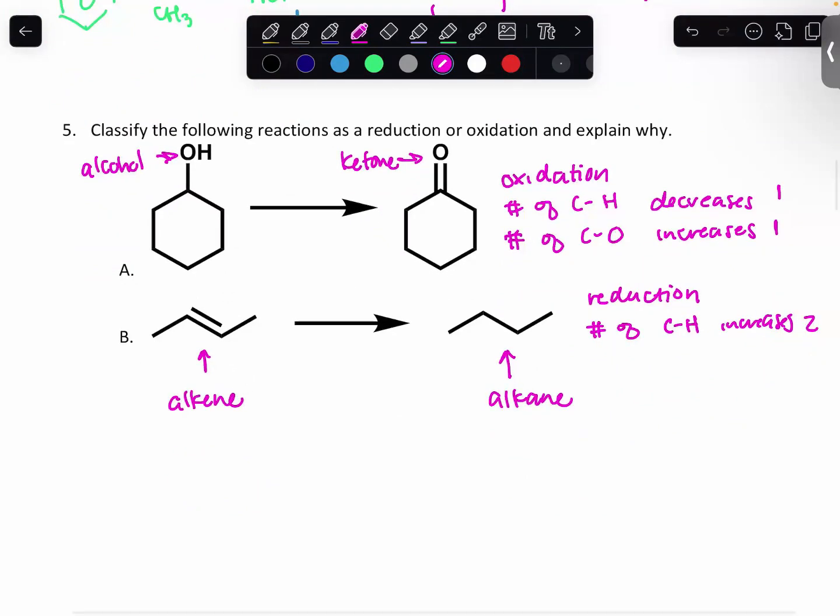Questions on this one? Yes, because you had to classify it as a reduction or an oxidation. That's a type of those reactions, but we're looking for reduction. Oxidation. Other questions? Okay.